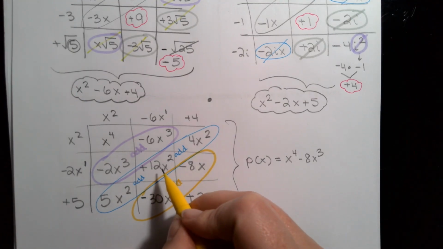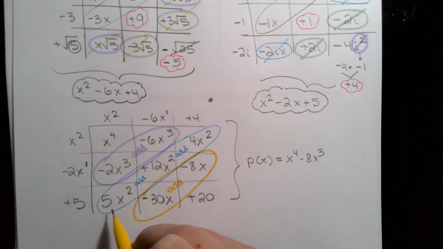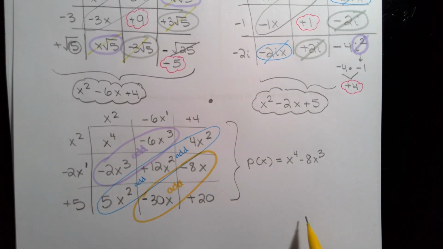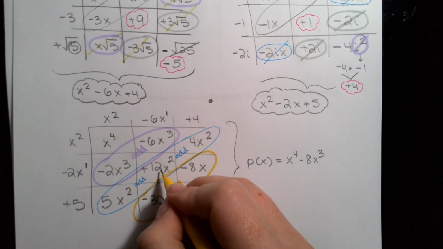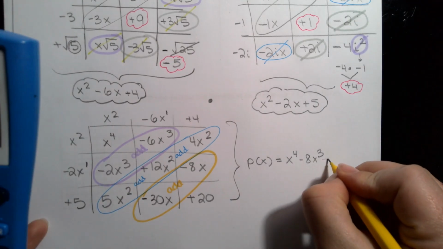We get a positive. Oh, did I make a mistake? Let's see if I made a mistake. Nope, that's good. I was just checking my values. So we have, I'm second guessing myself. Hold on a second. We got 12 plus 5 plus 4. It's been a long day. 21.